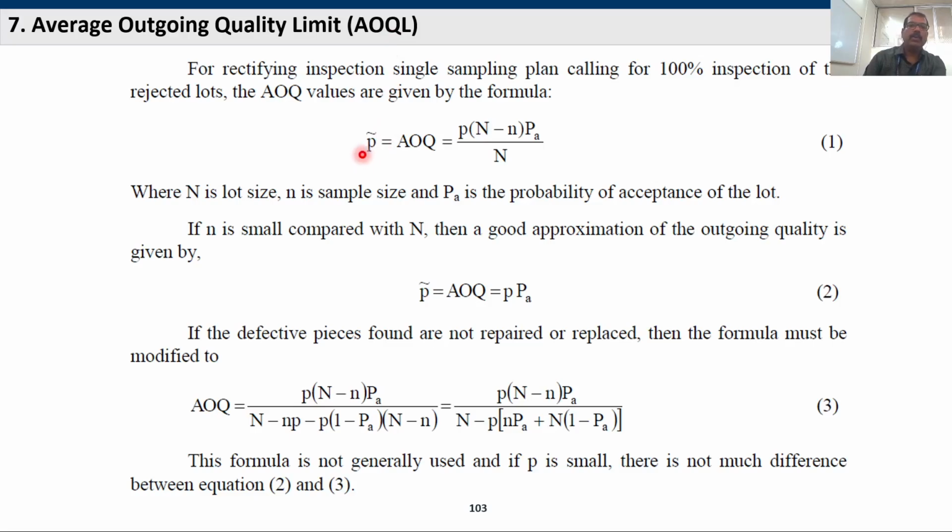Under AOQL, the value for AOQ is p into capital PA, where small p is the incoming quality and capital PA is the probability of acceptance. If you are not doing any repair or rework, you can consider this equation or relationship for AOQ.